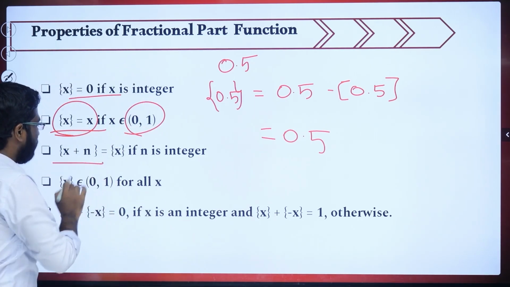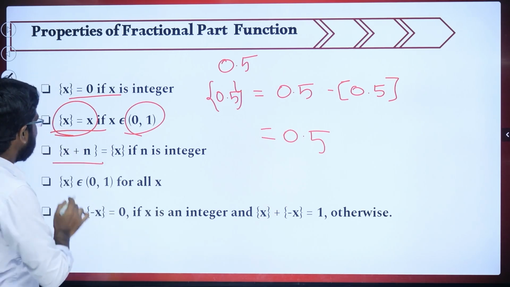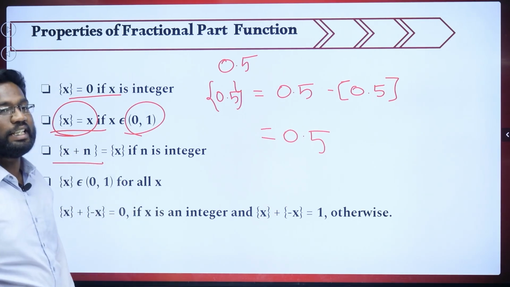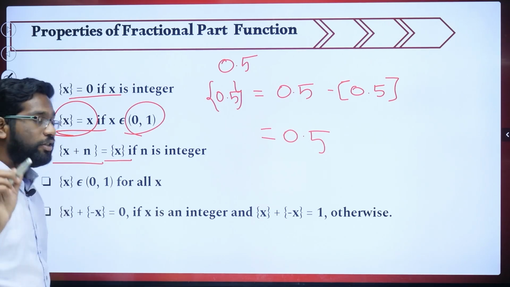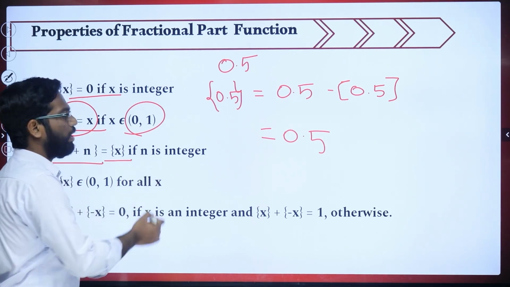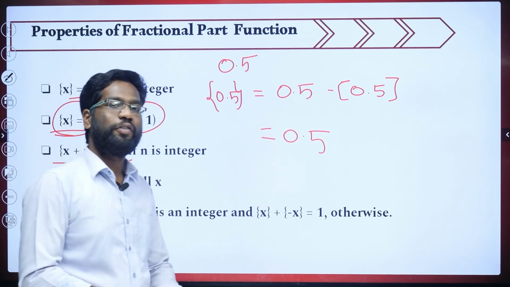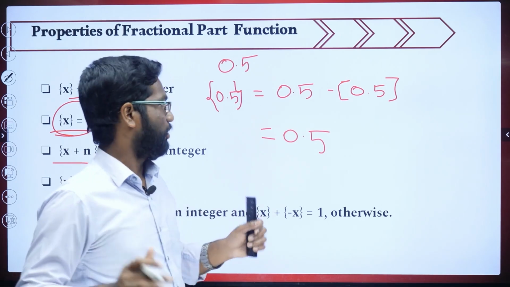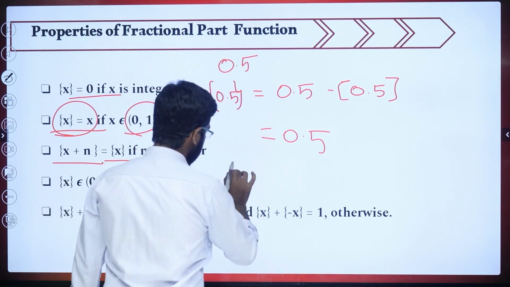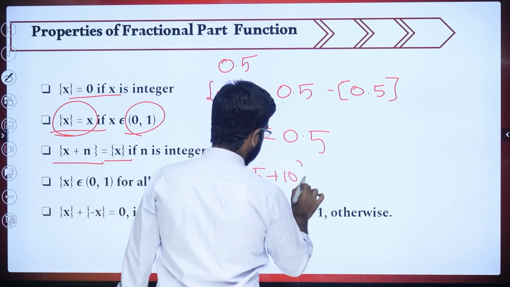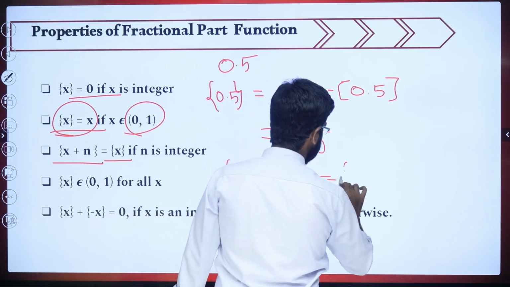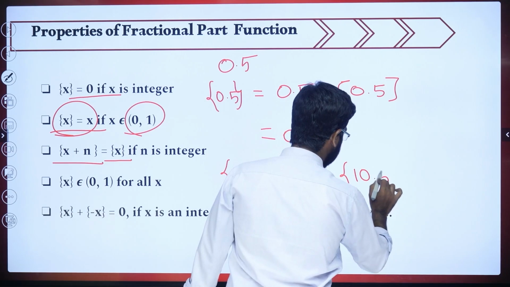Now the fractional part of x plus 1 is again going to be the fractional part of x. This is also very important, my dear students. Whenever you are adding any integer, the fractional part function won't change. For example, let's take 0.5. Now I am going to add 10, so I'll get 10.5.